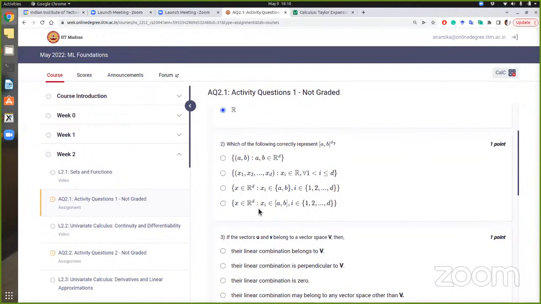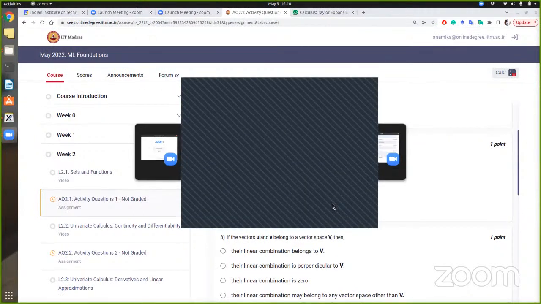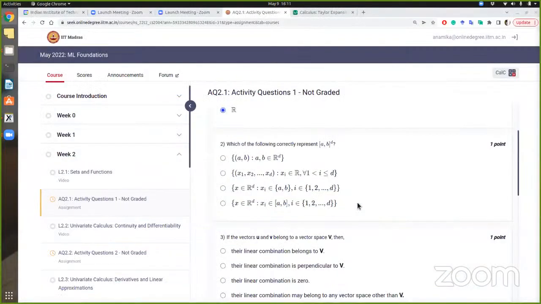And each individual element should be between A and B with a closed interval, and i goes from 1 to D. This is precisely what we just now mentioned here. Each individual element should fall between A and B, with A and B inclusive, and there should be D such elements. So that's what the last option tells. So this should be the correct one.